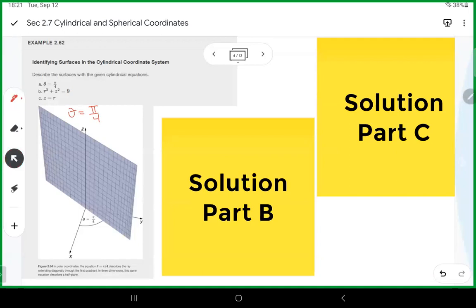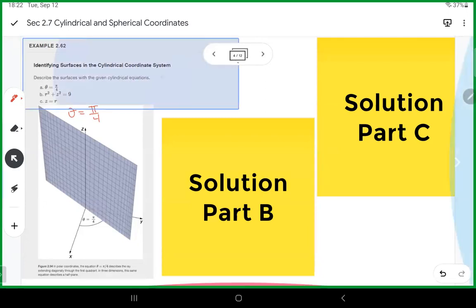All right, part B says r squared plus z squared equals 9. If we substitute r squared equal to x squared plus y squared into the equation, then it's going to look like this.